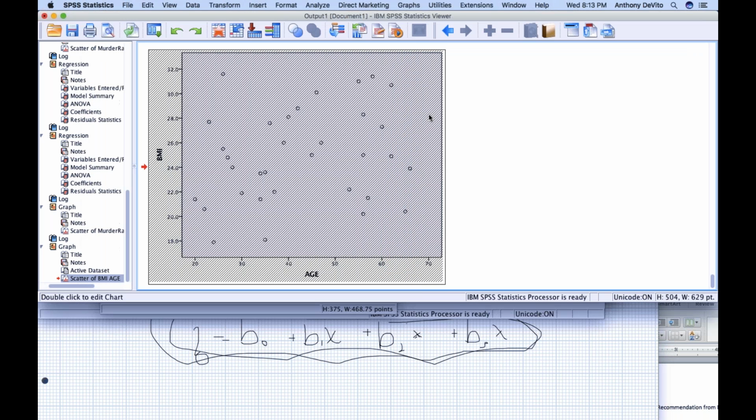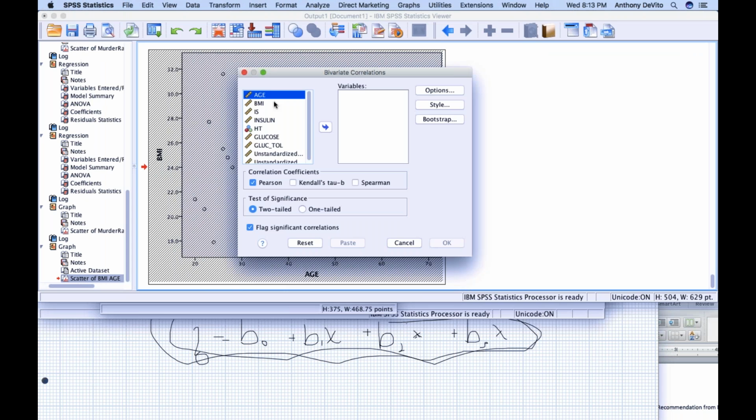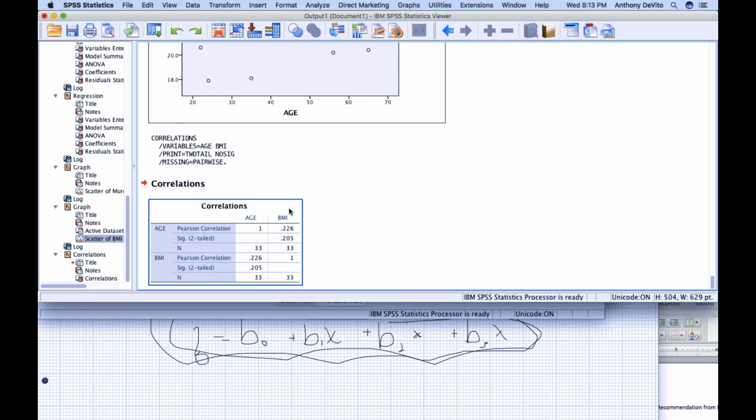Let me go finish this out and see. Let's go ahead and do our analysis. Let's do our correlation. Okay, age and BMI. Hopefully, with insulin sensitivity, we'll get a more interesting result. Okay, and we can see that the correlation coefficient is 0.226, and our significance is high, so it's not statistically significant, right?